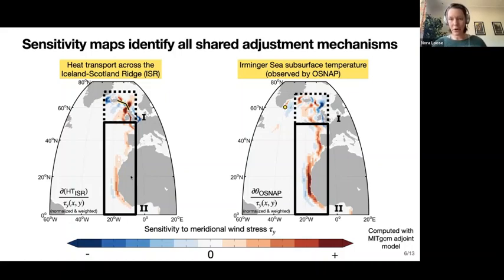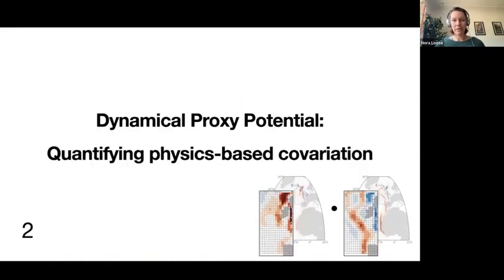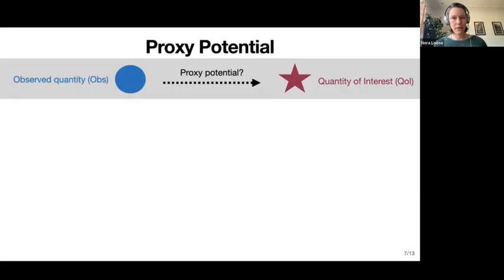So now that we know how to identify all possible causes of covariation, we can investigate dynamical proxy potential. In oceanography, we often look for proxies, right?